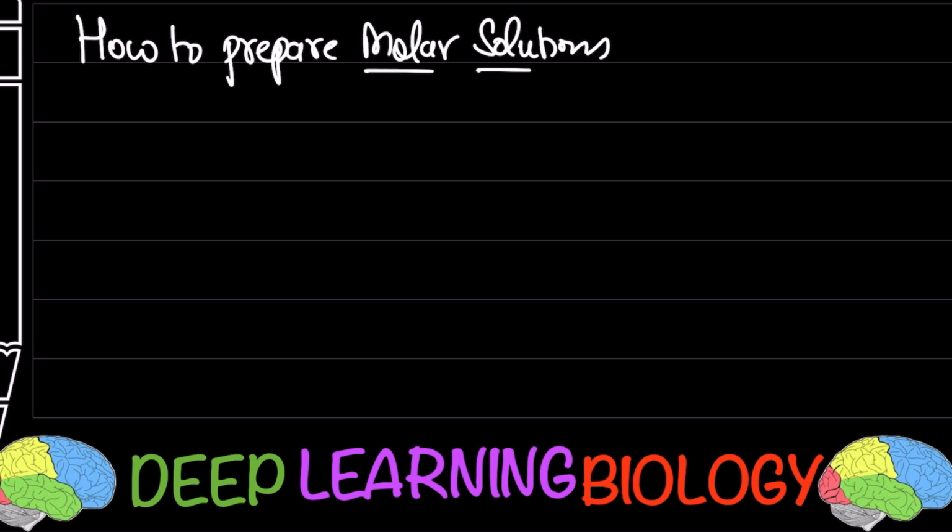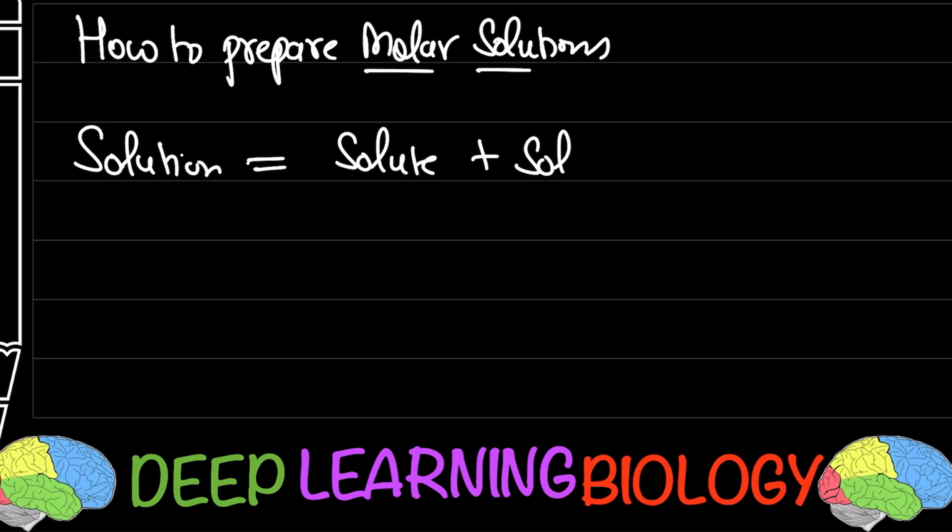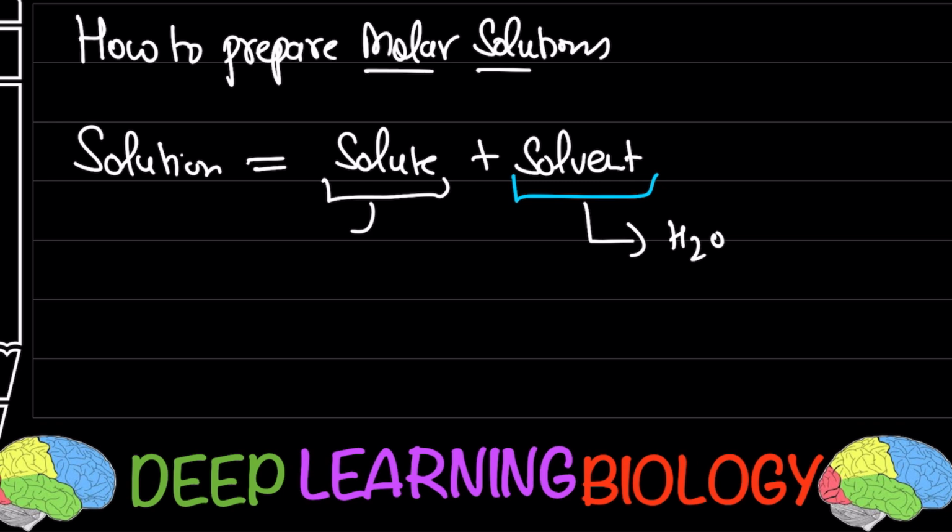Now try to see here. You must be knowing what is a solution. Solution is actually a mixture of solute plus solvent, and most of the time you will see in the laboratory the solvent is water, and your solute, the chemical, can be either solid or liquid.